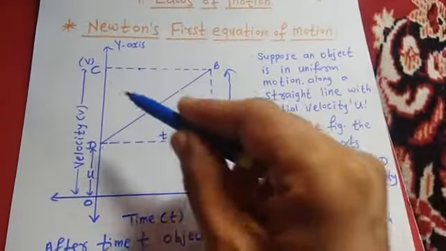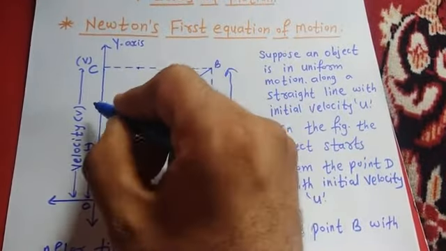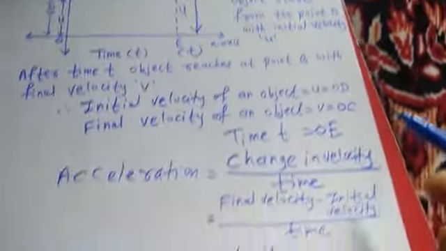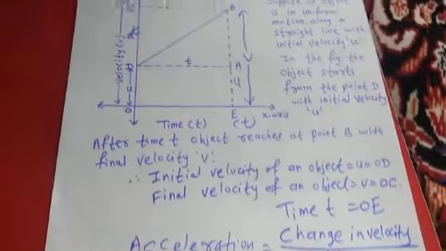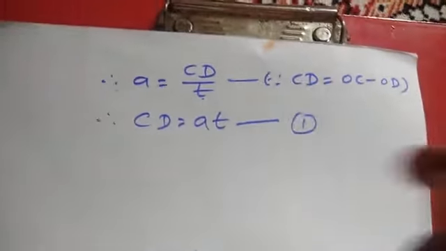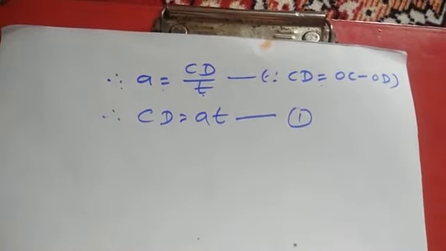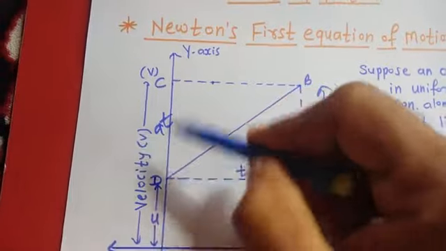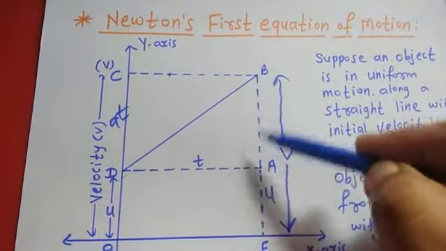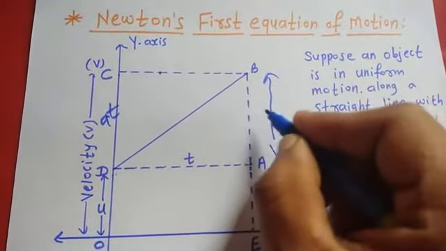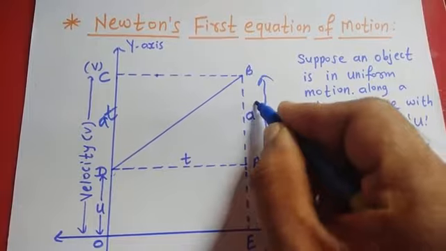And we have seen CD, this distance CD is equal to at in equation 1. In equation 1, CD is equal to at. Therefore, this distance CD will also be at. Now, AB is equal to CD. So, this AB will be a into t.